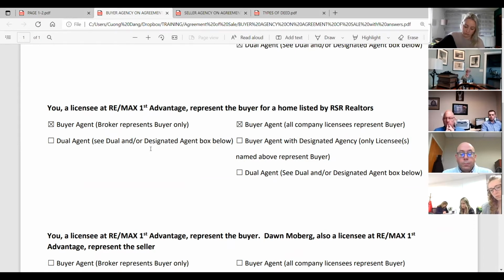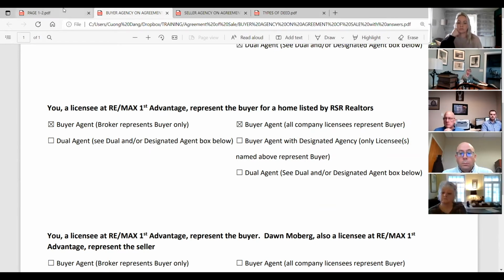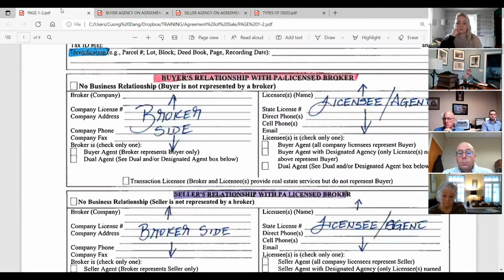So for example, if you wrote an offer for Morgan's property, then we designate you as the buyer agent and designate Morgan as the seller agent. What does it mean when it says all company licensees represent buyer? Don't let that confuse you.